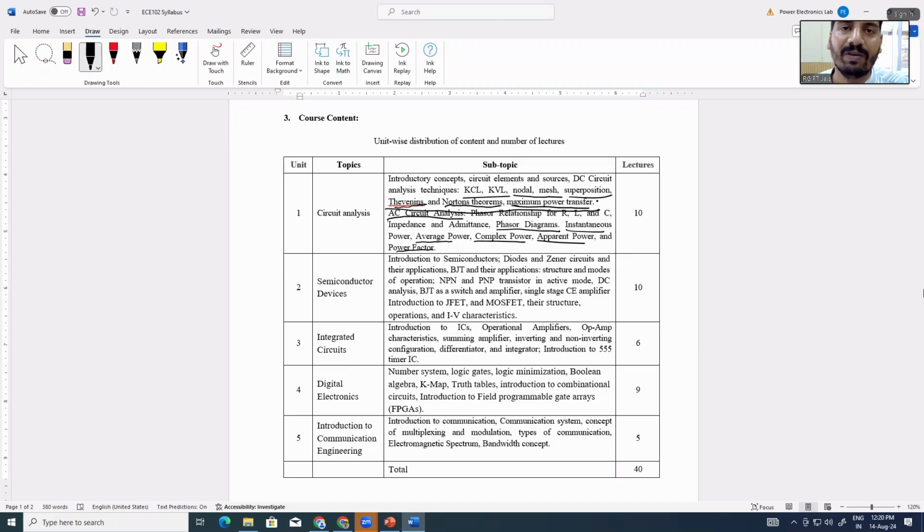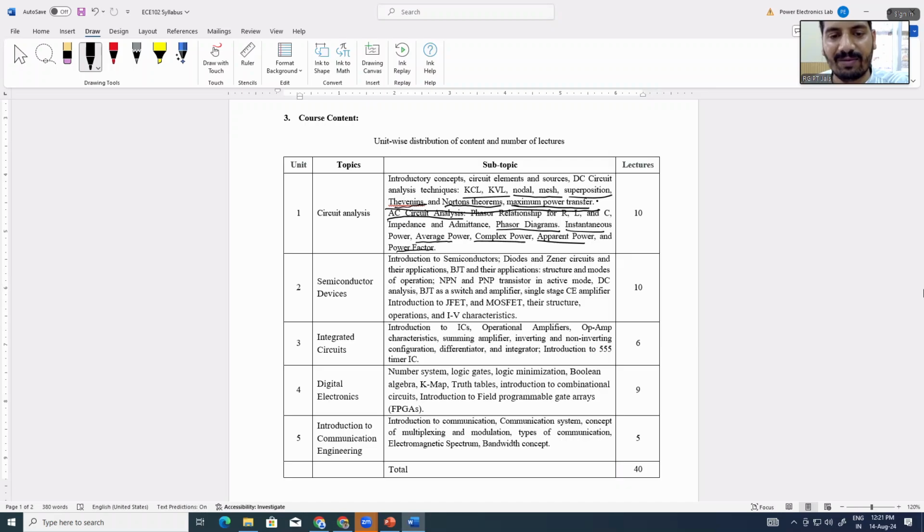Okay, what is power factor? Anyone can tell. Voltage by impedance.